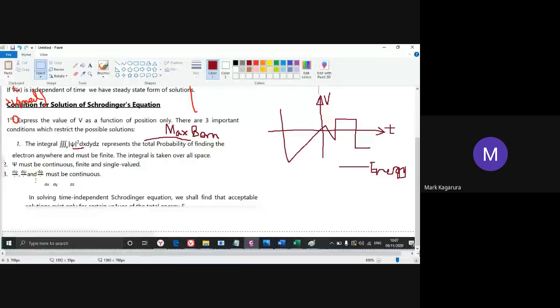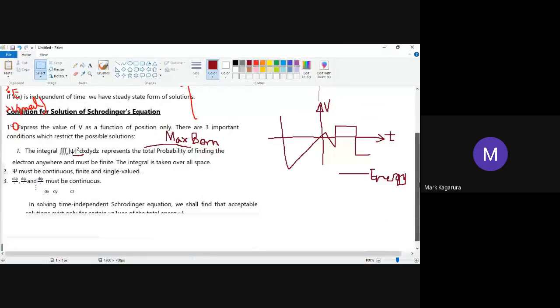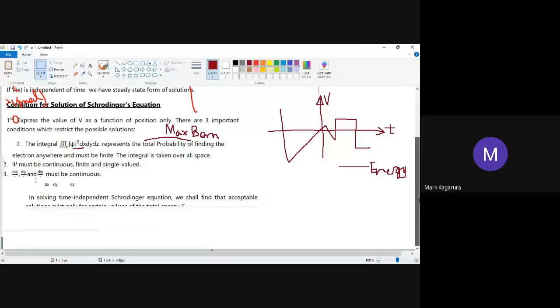What does it mean to be continuous? You guys are called continuing students. What does it mean? Continuous means that there are no breaks. There are a number of functions which look like they are continuous, but they are not.